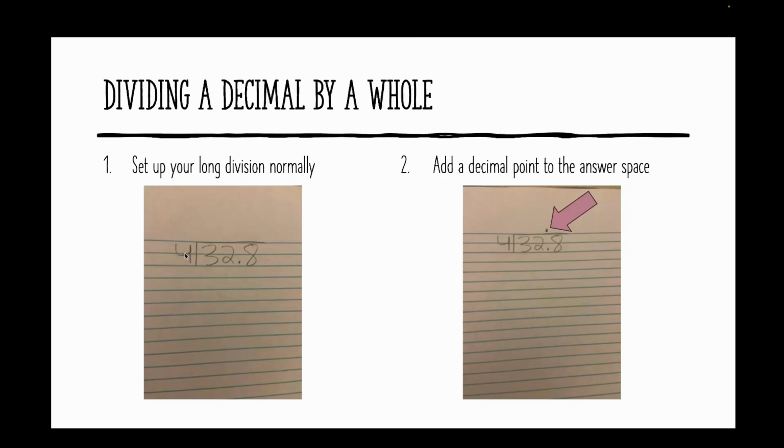Except this time you have the decimal point in here. And to that point, you're going to add the decimal right above, on the line where you will put your answer, your quotient, right above where you have the decimal in the dividend.